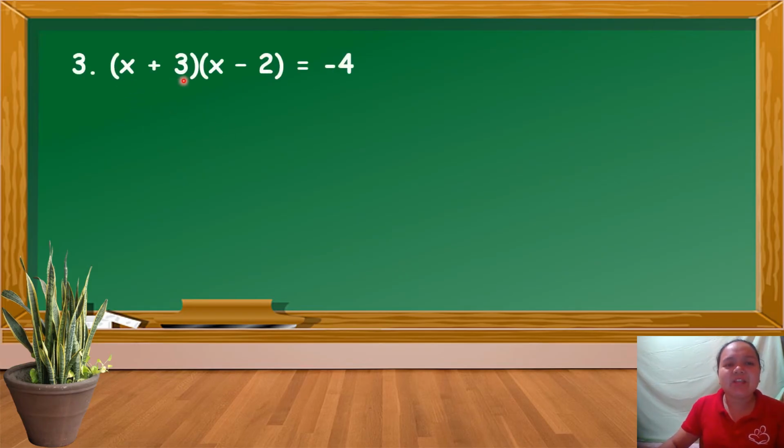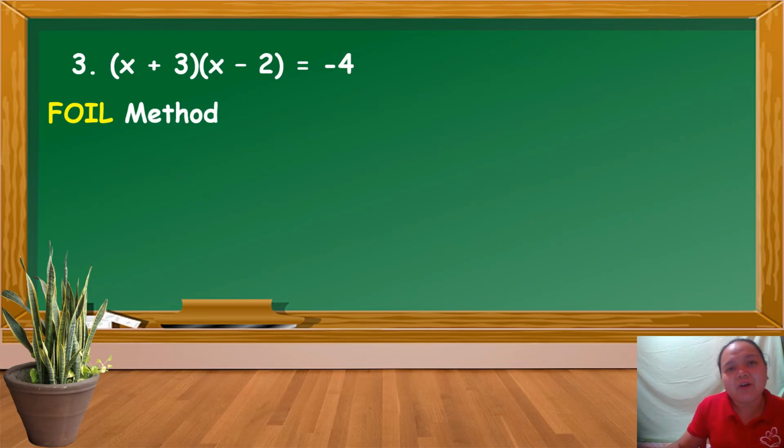So, x plus 3, x times x minus 2 equals negative 4. Now, we can make this equation into its standard form by FOIL method. What do we mean by FOIL? F stands for first or the first term, O is the outer term, I is the inner term, and L is the last term. So first, we will operate the first term. So our first term is x times x.